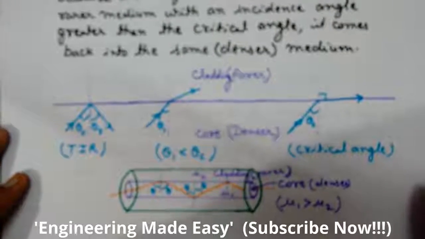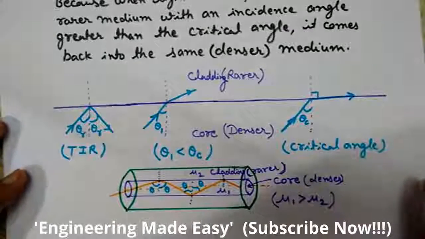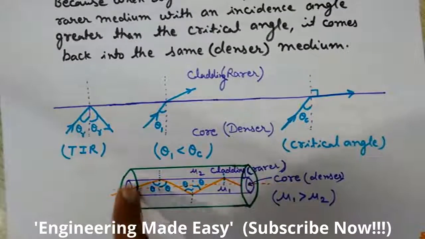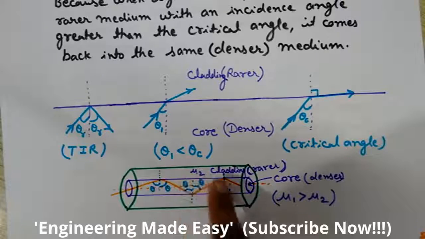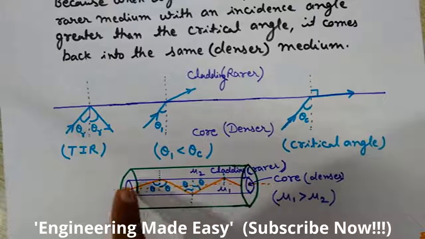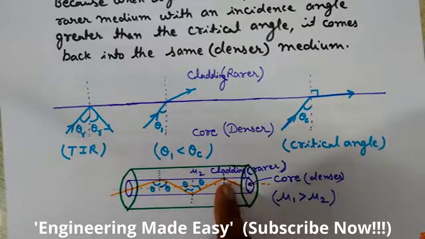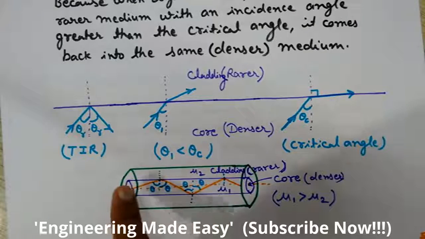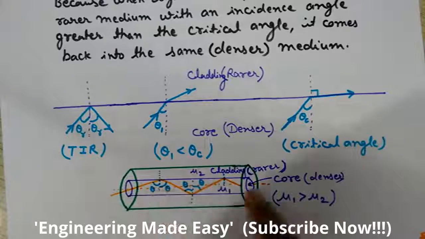Yes, this is how the optical fiber looks like. In this, as I told you, there is a core inside. So this is the core, this in blue, and this green colored layer is cladding.